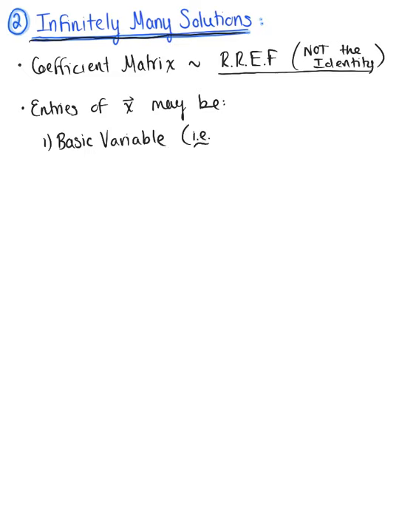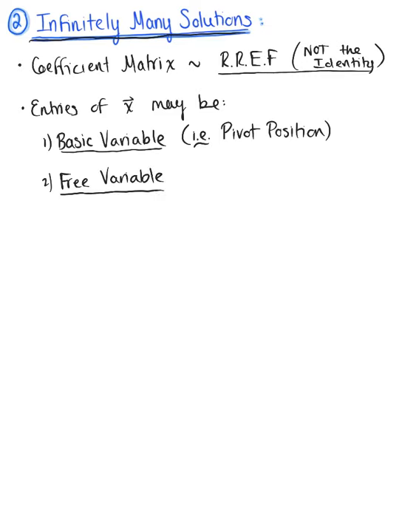So an entry in the solution vector may be a basic variable, i.e. a pivot position, or the entry may be a free variable. So the free variable is what produces the infinitely many solutions. So in other words, a free variable is associated with a non-pivot position.